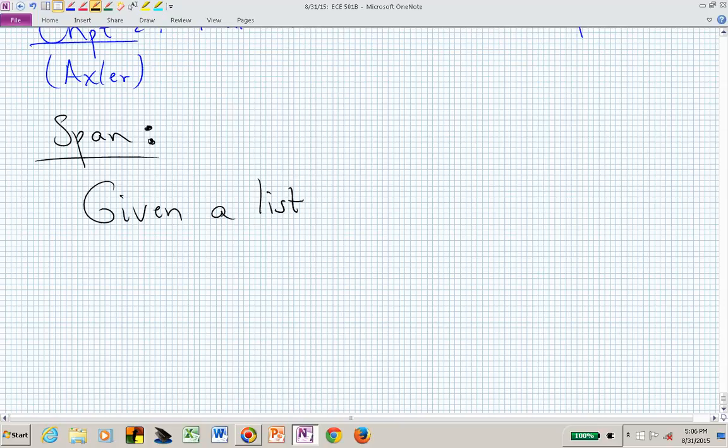So given a list of vectors, let's say v1, v2, up to v sub little n, and let's say that we've drawn those from a vector space.